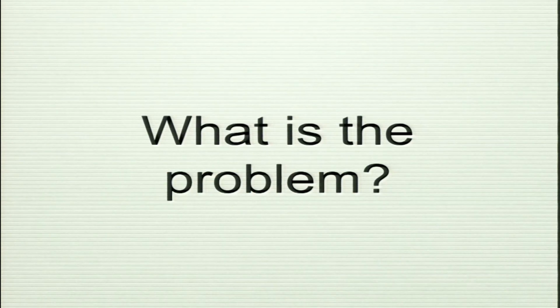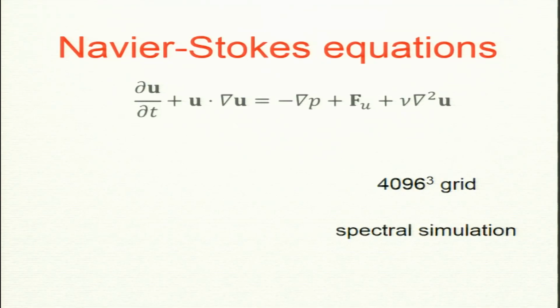So, now I hope we have motivated enough to see that this is an important problem. So, we will see what the problem is. In this example I will just say that we are looking at the Navier-Stokes equation. I am just illustrating the Navier-Stokes equation.